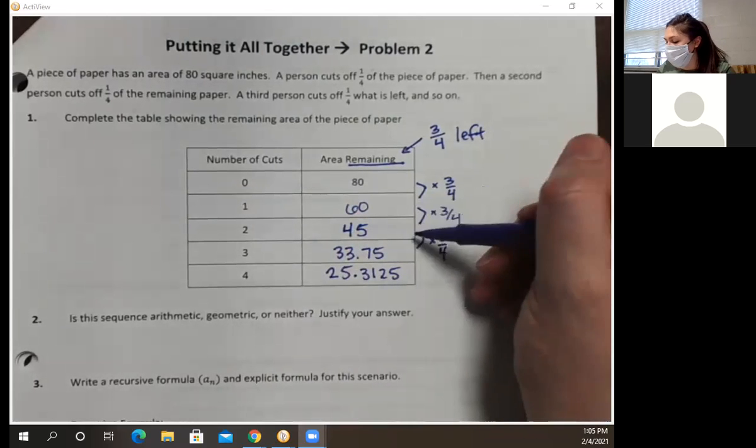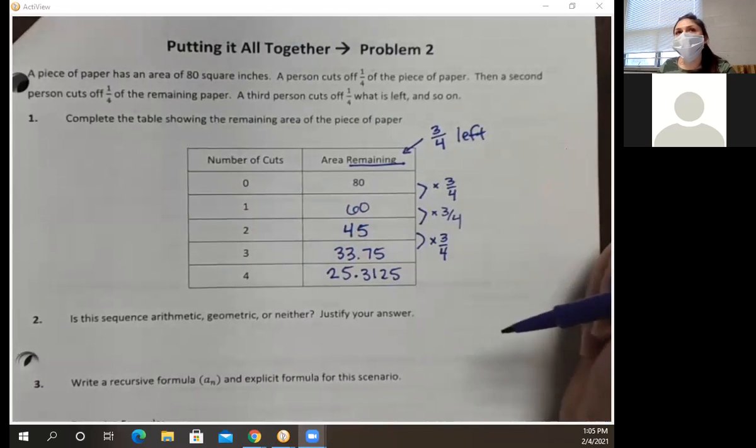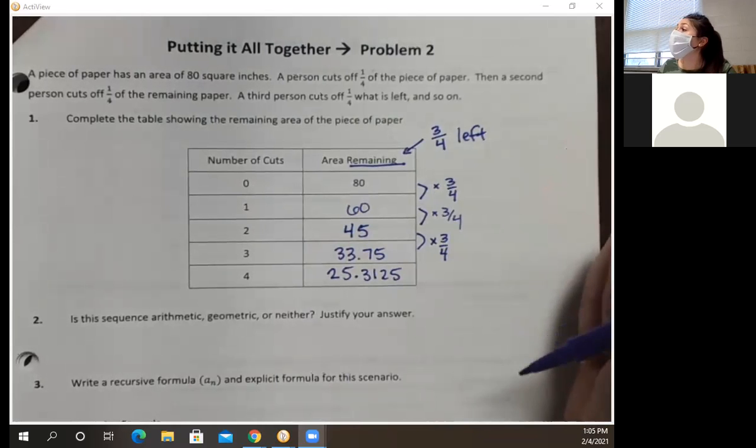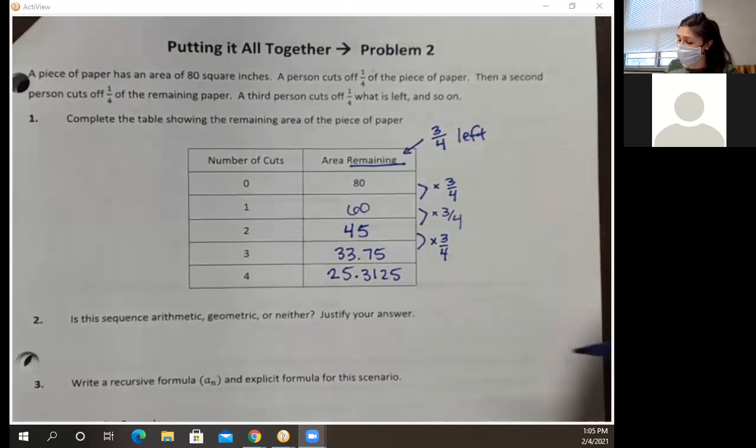Is the sequence that I have here arithmetic or geometric? Why is it geometric? Exactly.